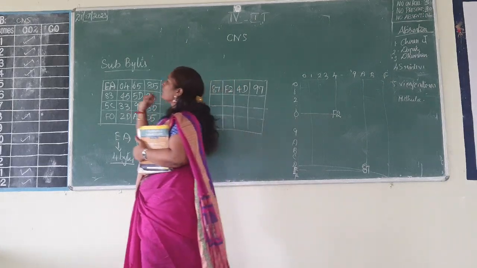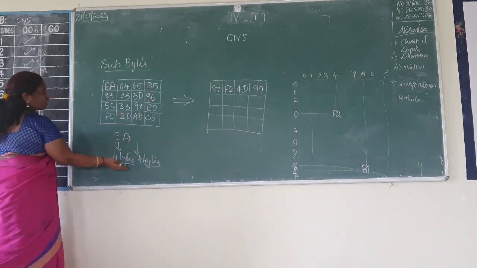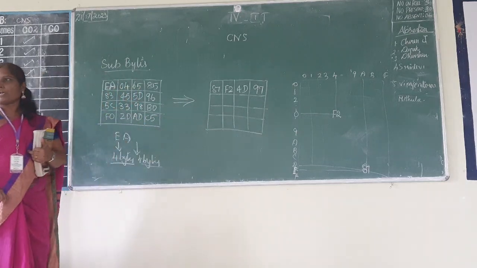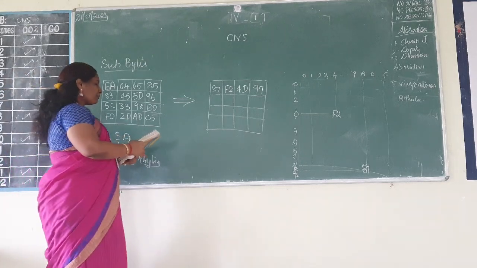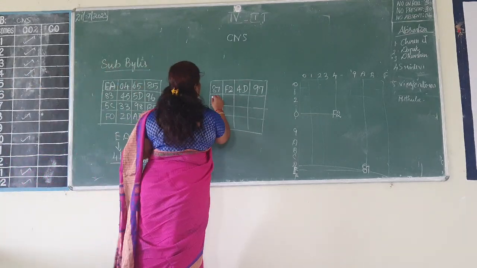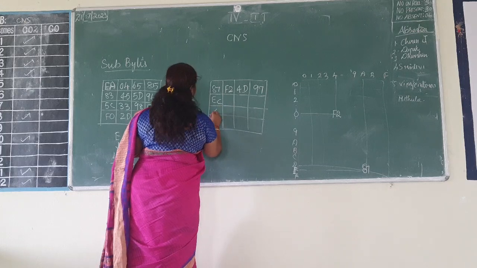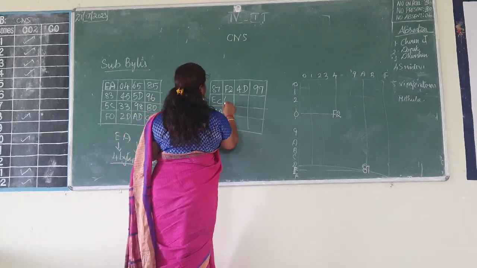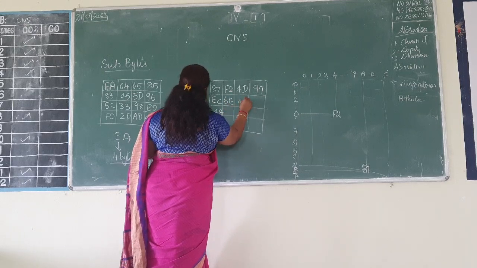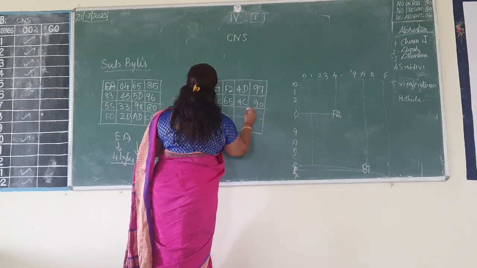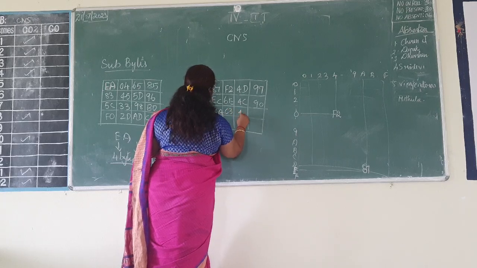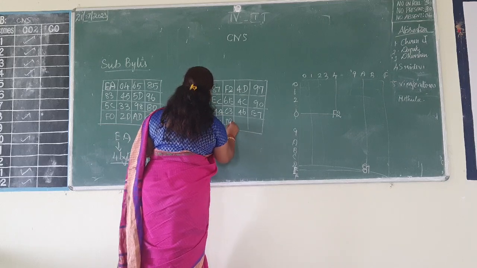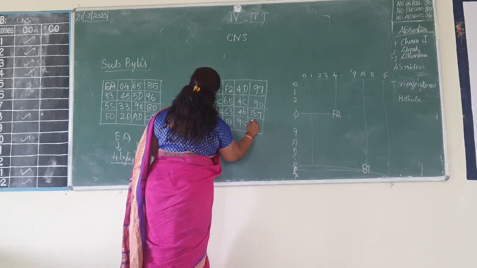Here, after the substitution bytes, this table will be the output of the substitution bytes. If you want, you can just fill the table. It will be EC, 4A, 8C, 6E, 4C, 90, C3, 46, D7, D8, 95, E6.